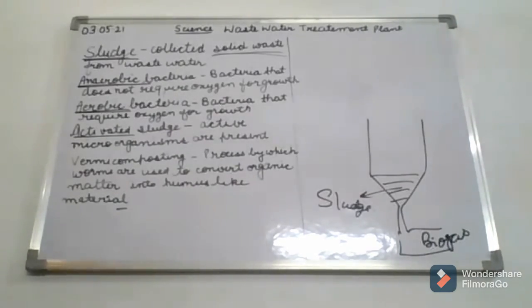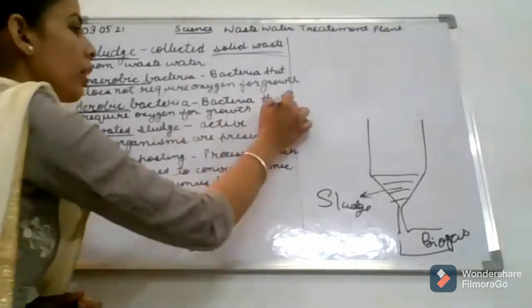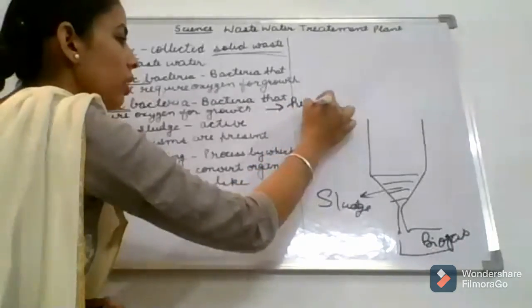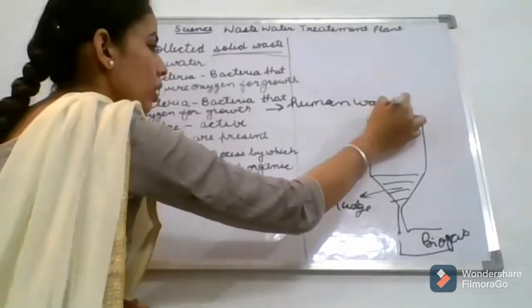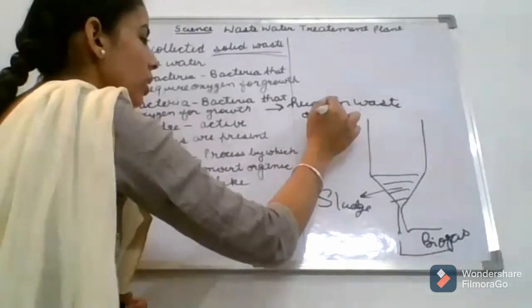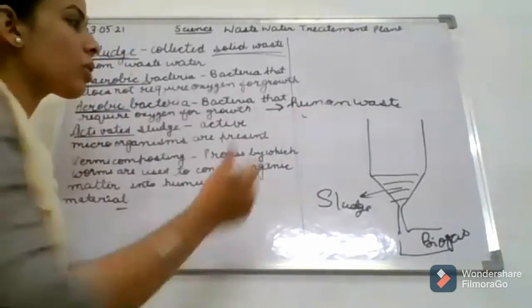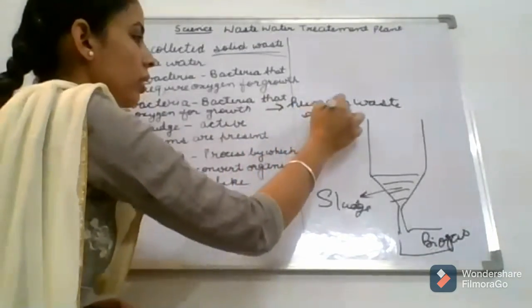In the presence of oxygen, they will consume the human waste, food waste, and the soap that remains in the clarified water. They will remove the human waste or any soap material or food waste that is left in the clarified water.